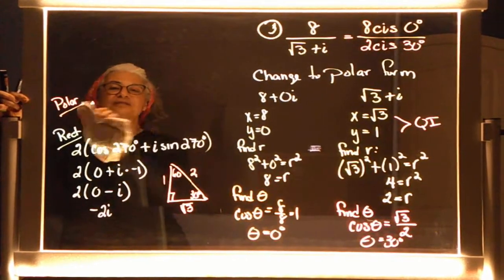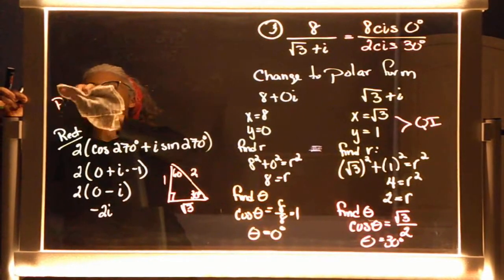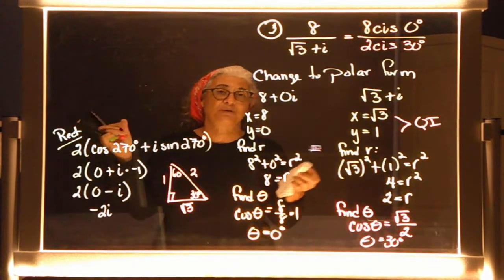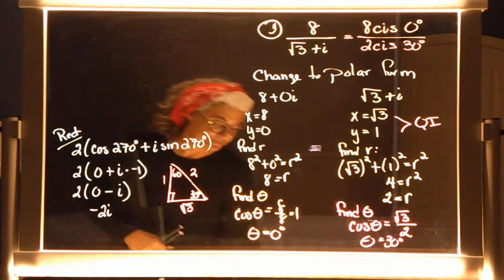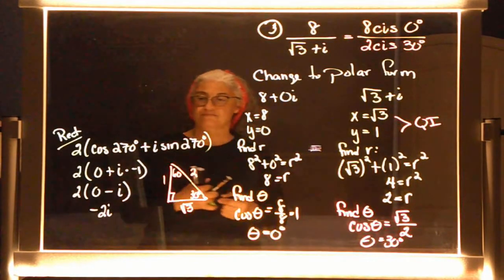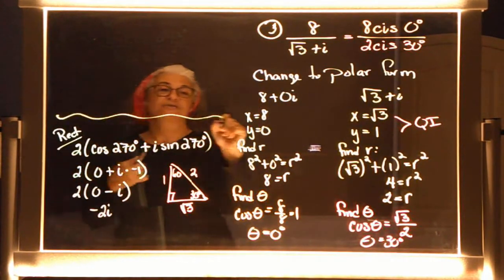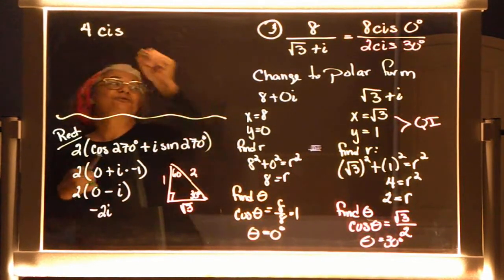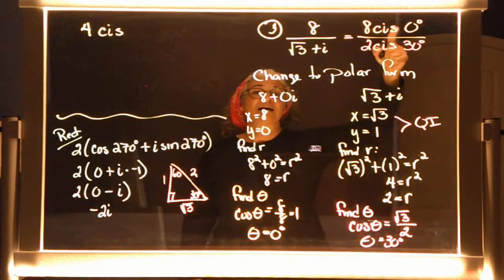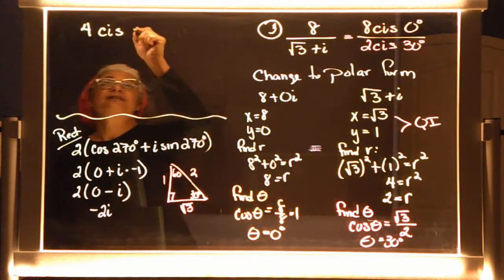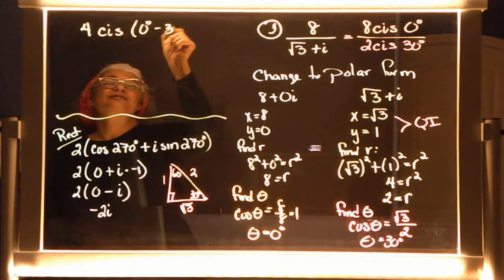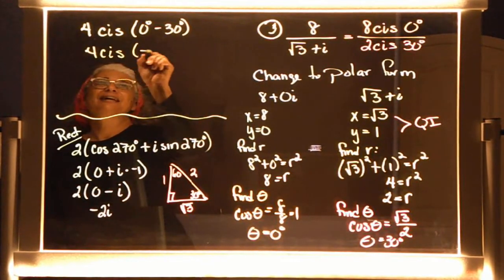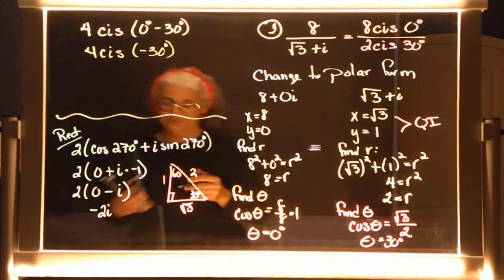Okay, so to do the division, it's easy to divide the radii, because you're just doing 8 divided by 2. What is 8 divided by 2? This is 4. And to do the angles, you subtract. So 0 degrees minus 30 degrees gives me a negative 30 degrees, doesn't it?